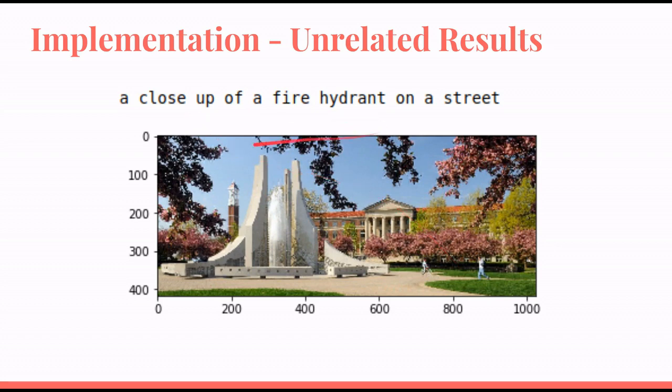And when it comes to the realm of unique objects like this fountain on our campus, it's not able to generalize well, and it seems to think it's a fire hydrant. This is a classic case of the data mismatch problem where the training data is not a good predictor of the test data. If we were able to train our network on these particular images, it would perform better.